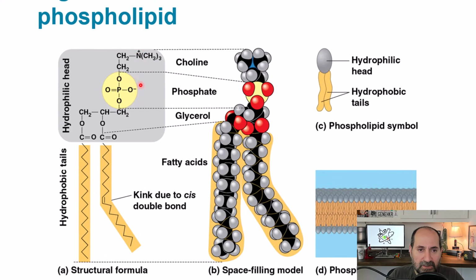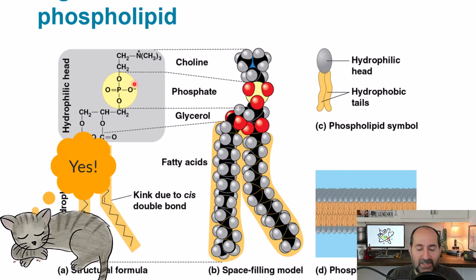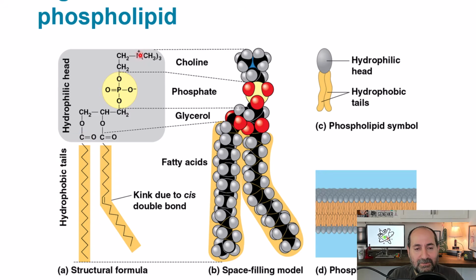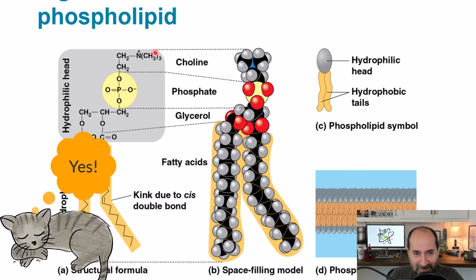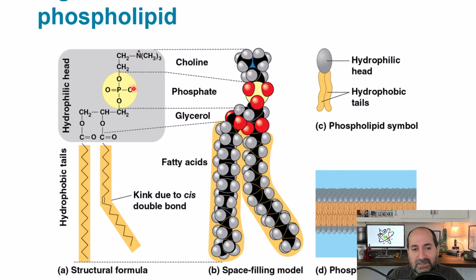Can water interact with the negative charge on this phosphate group? That's right, yes, it can. And can water interact with this positive charge on this choline group? Right again, yes, it can. So water can interact with this negative charge on phosphate and this positive charge on choline. So water can interact with the hydrophilic head.